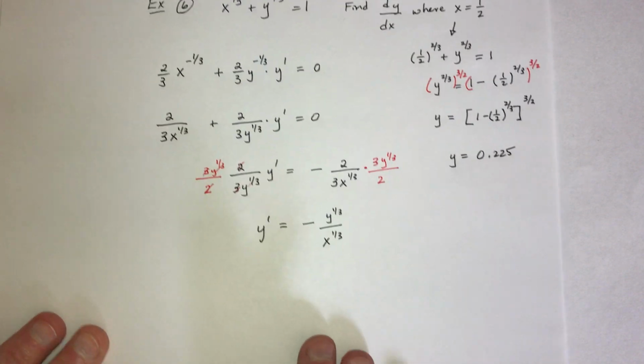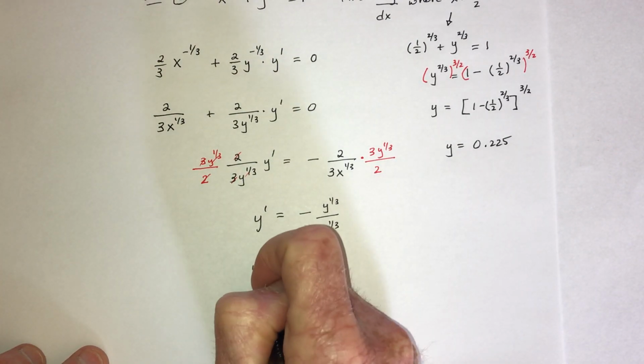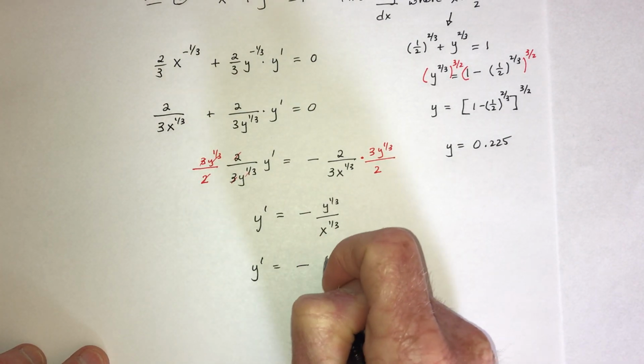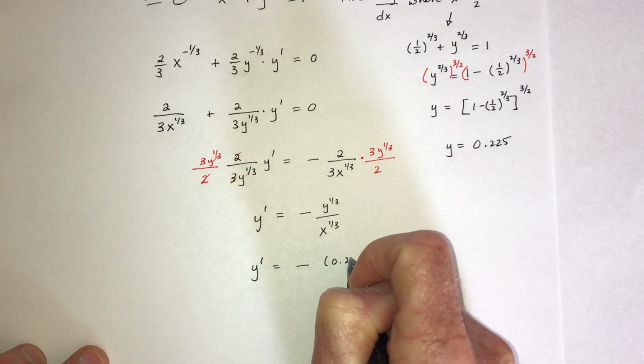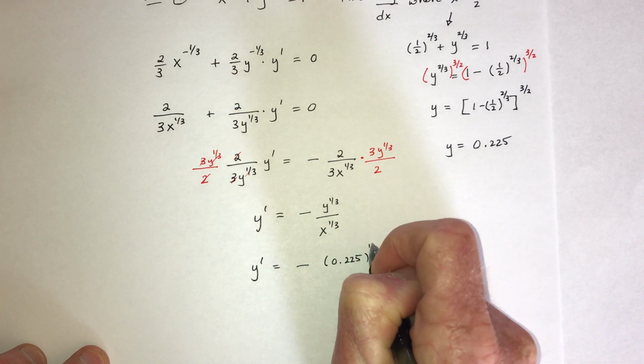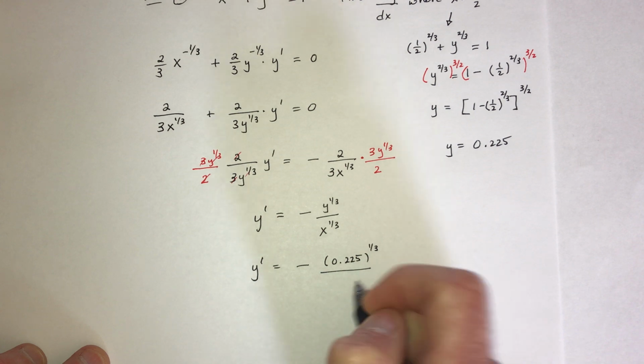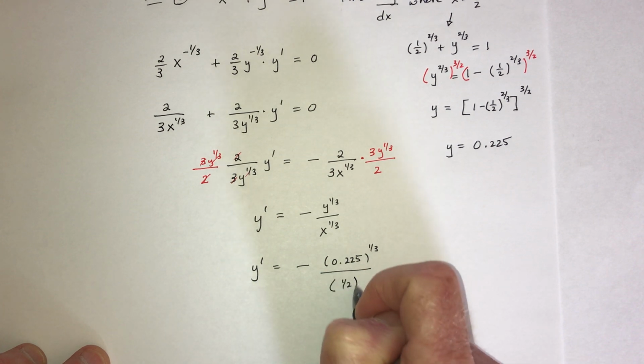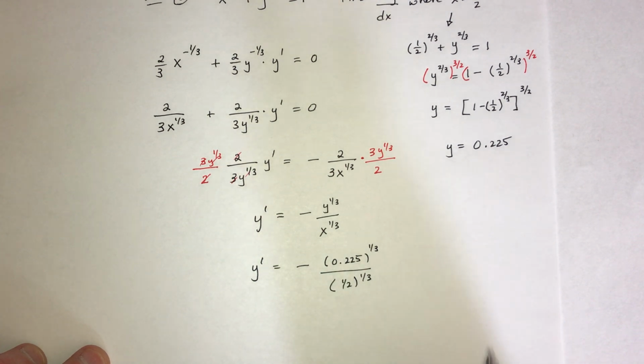All right, now we're down to the end. Y prime is equal to, take 0.225 for the y value, raise that to the 1/3. 1/2 for the x value, raise that to the 1/3.